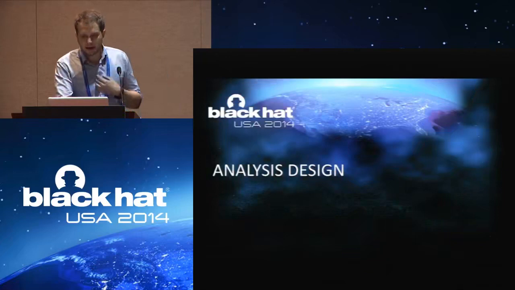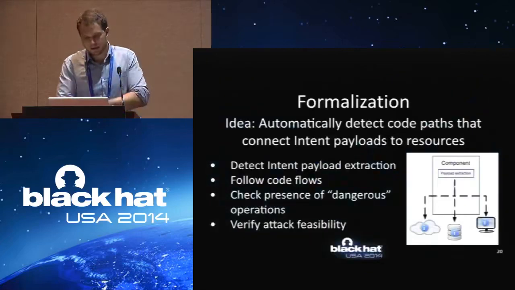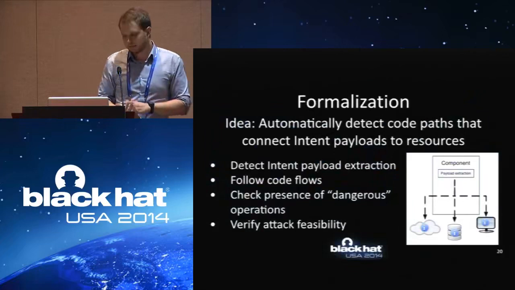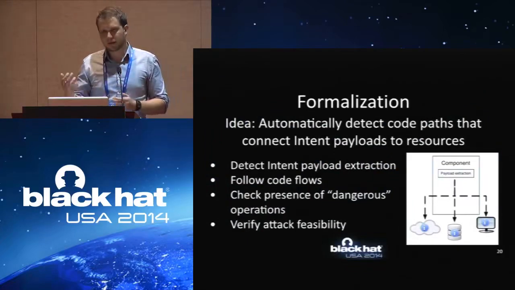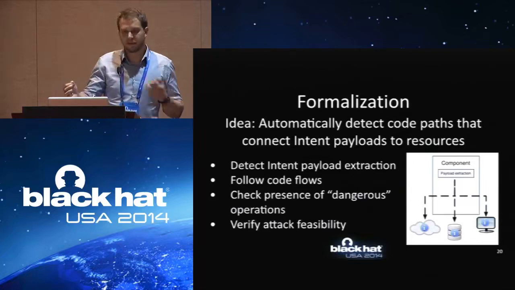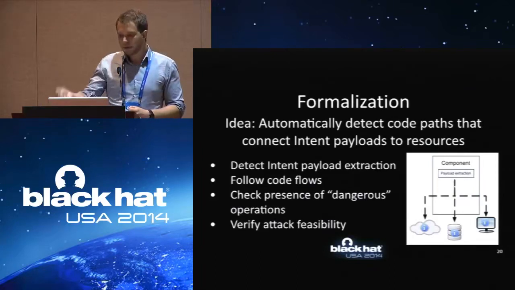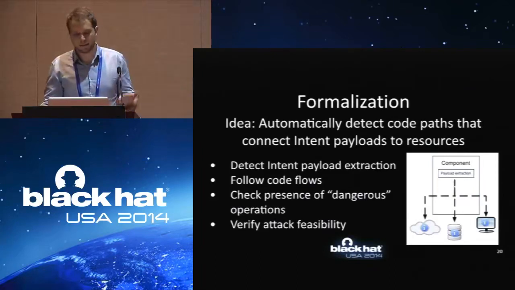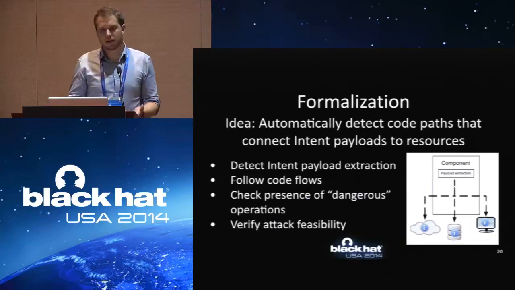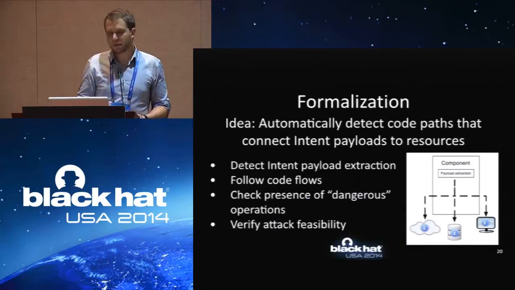So now the analysis. The formalization we made was to describe points in the code connecting the payload extraction of the intent to these vulnerable resources. When there is a connection between the payload extraction and some framework call, including some strange action, we mark it as vulnerable.